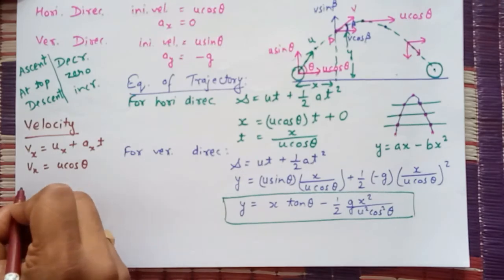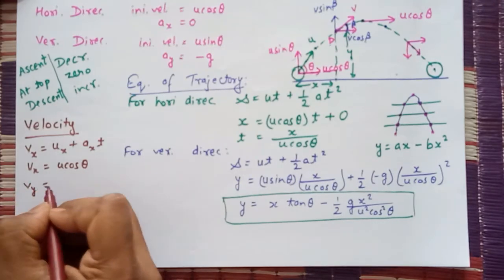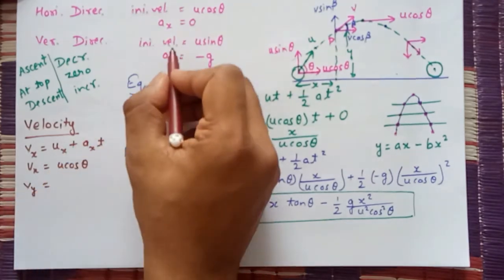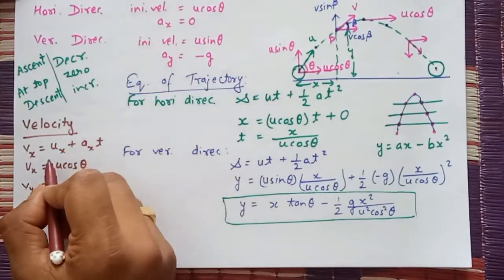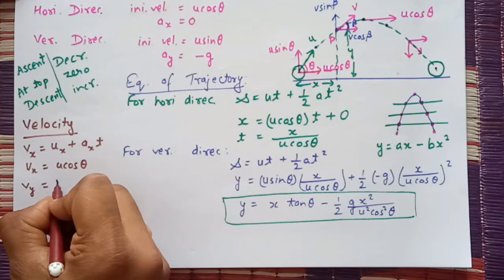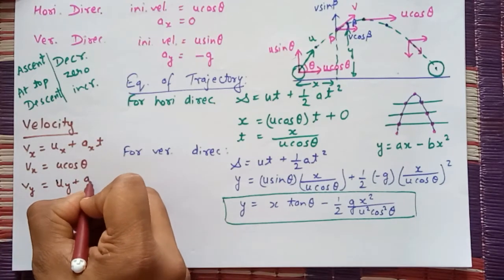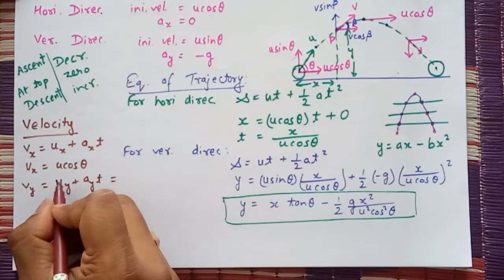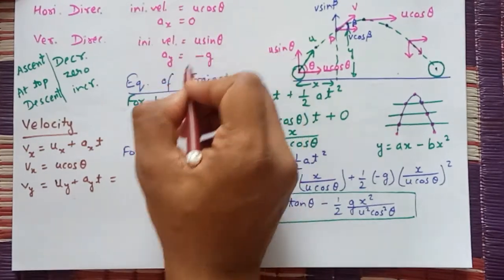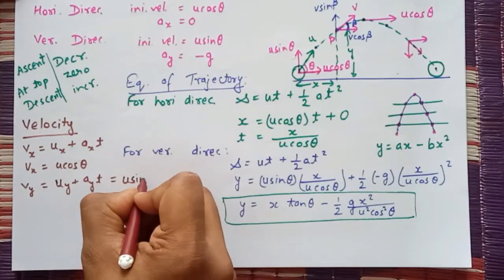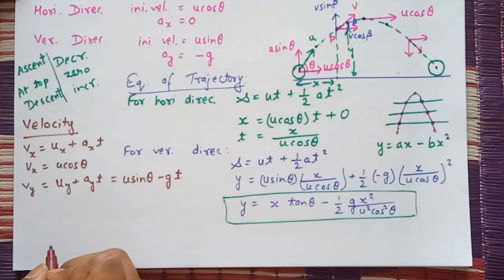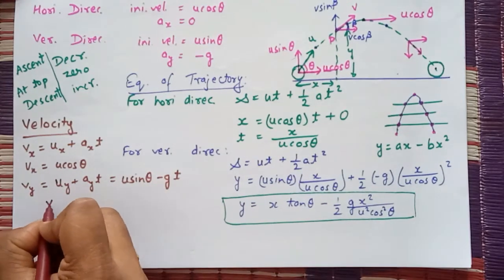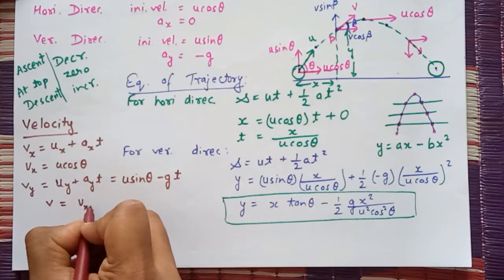Similarly, what will be Vy? In the vertical direction I am applying v is equal to u plus at, so it will be uy plus ayt, where uy is u sin theta, minus g into t.